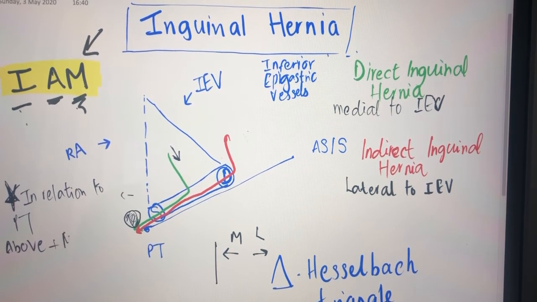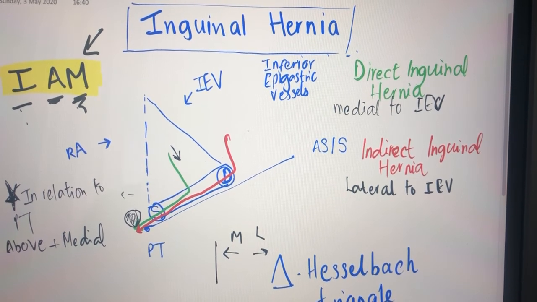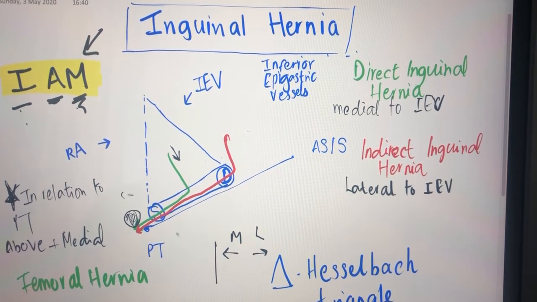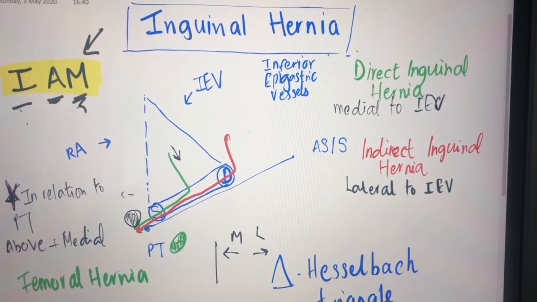Okay? Now, when it comes to comparing it with the femoral hernia, this one typically arises over here, and remember this blue dot here is your PT, your pubic tubercle.